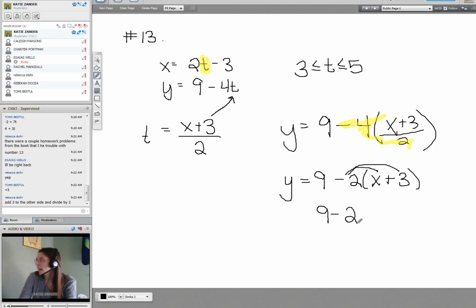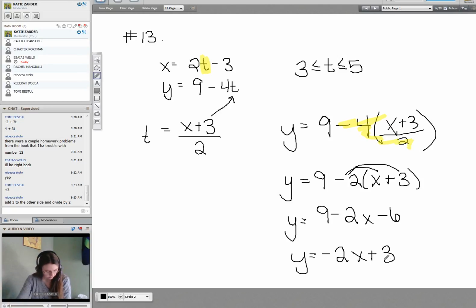So 9 minus 2x, and then minus a 6. Combining like terms, we'll have the negative 2x. 9 minus 6 is a positive 3. So I believe that's what we should get when we eliminate the parameter.